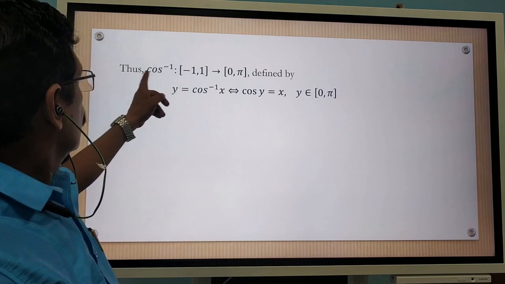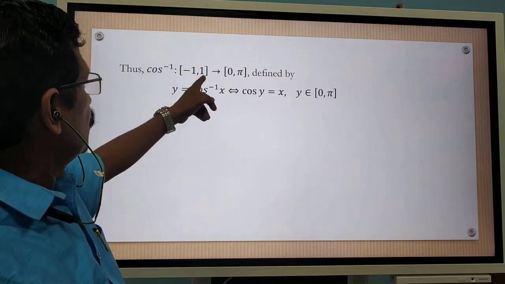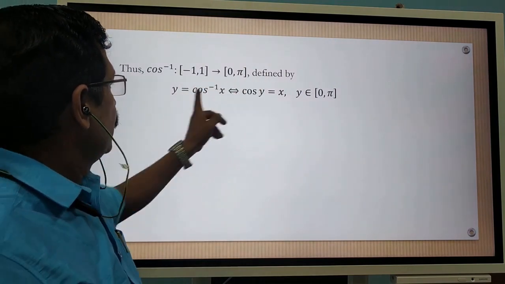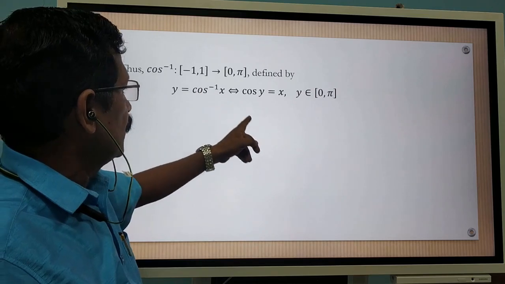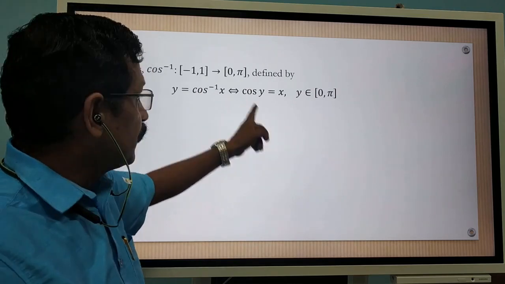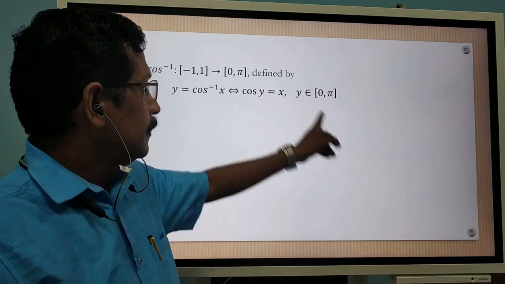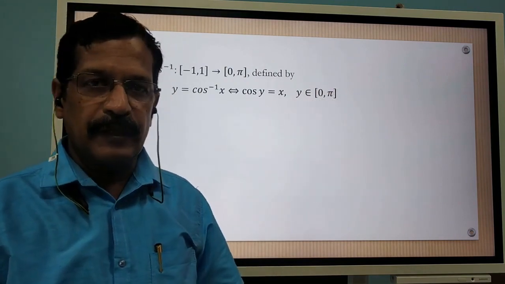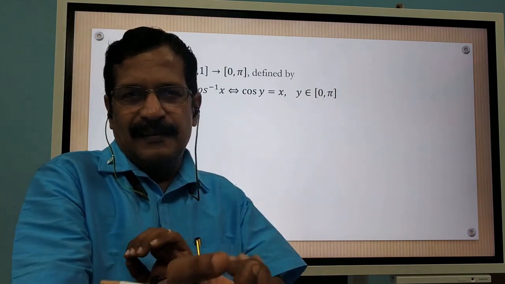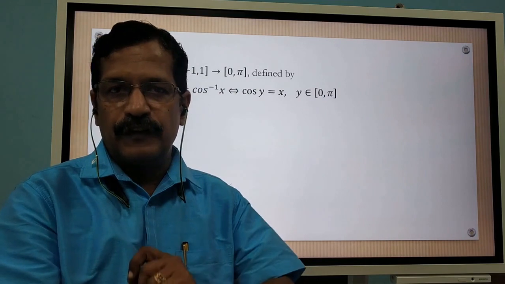Thus, cos inverse from minus 1 to 1 to 0 to pi is defined by y is equal to cos inverse of x, which implies and is implied by cos y is equal to x where y is an element of 0 to pi. This is just the procedure of writing the inverse.